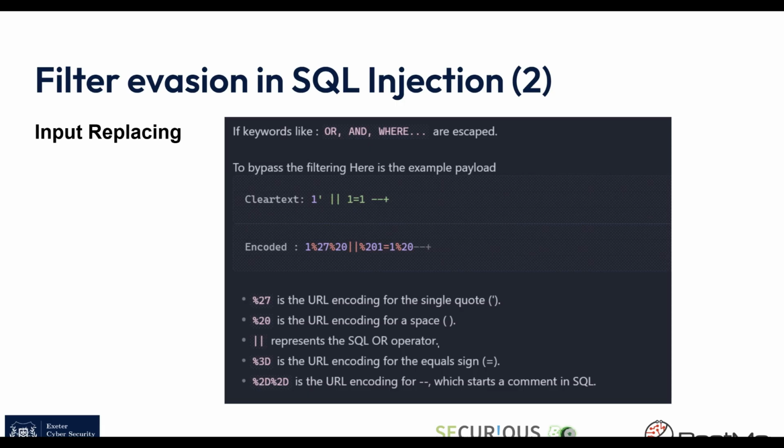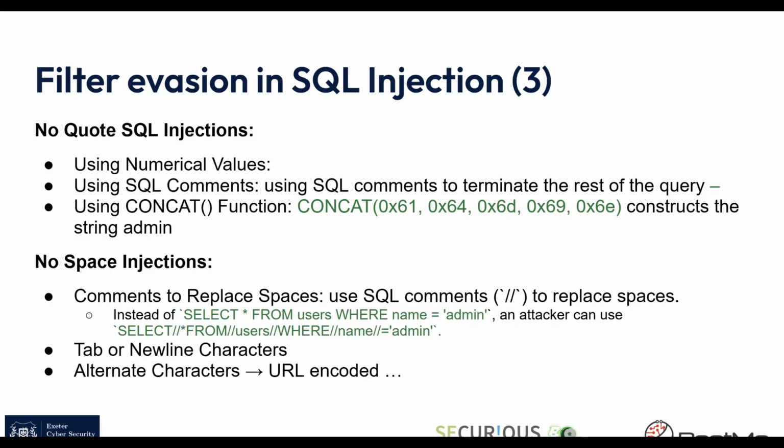To replace AND, you would probably use two ampersands, things like that. So here, if you encode and replace your input, you have something like that. And this does exactly the same thing, but it's encoded, so it will bypass most of the filters, which makes it absolutely awesome. That's something you can also do for evading filters.